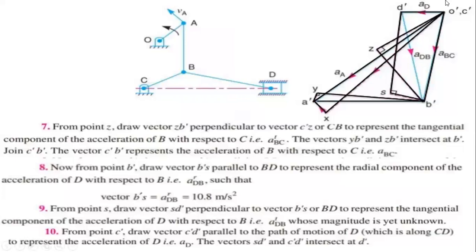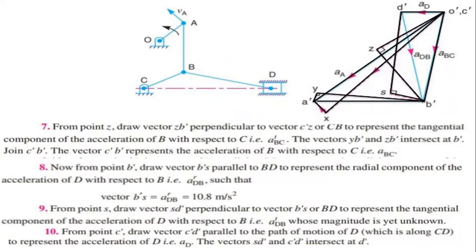The vectors YB dash and ZB dash intersect at the B dash point, and then join the C dash B dash line, which represents the acceleration of B with respect to C.